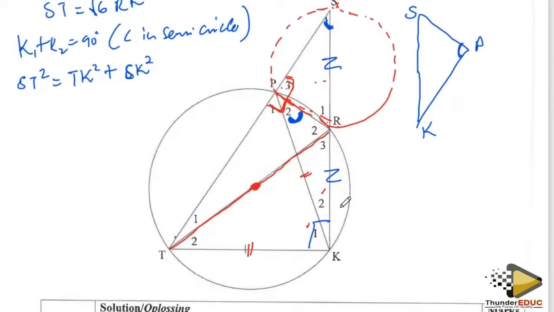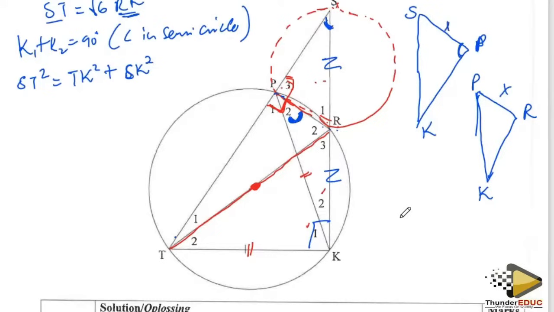And I draw the small one. Say K is common, P2 is the same as, say this is going to be R. My question just has R. So I'm going to try to eliminate PR. Is that even possible? It's very possible. So I'll ignore this side and that side.